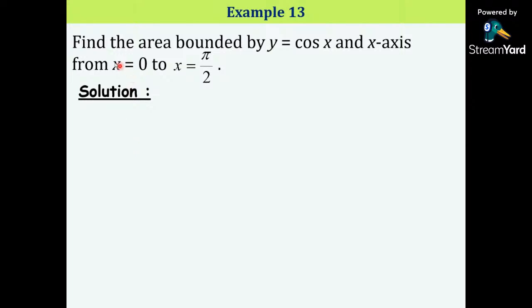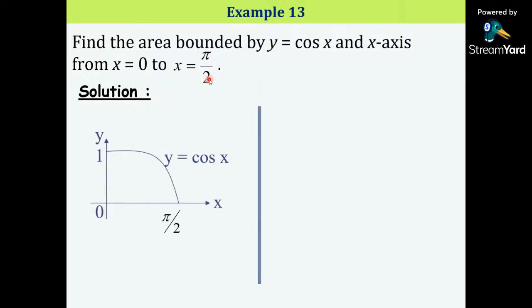For the next example, we want to find the area bounded by cos x and the x-axis from 0 until x equals pi over 2. So first of all, you need to sketch the graph of cos. Actually the graph of cos is like this, from here until here, but we want to draw the graph from x equals 0 until pi over 2.